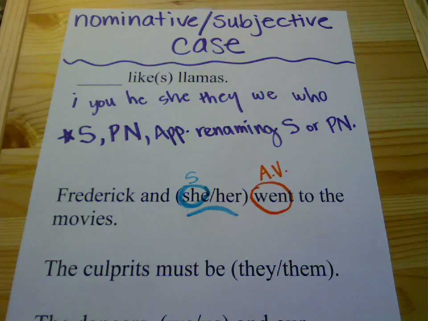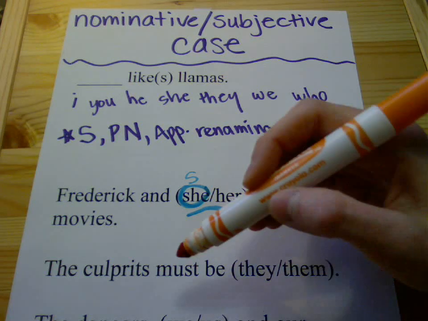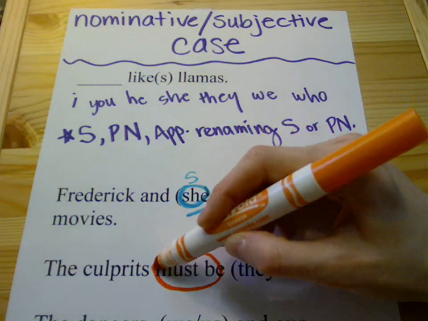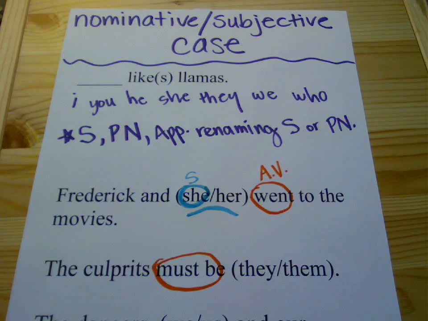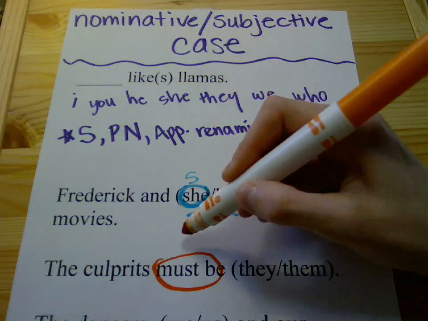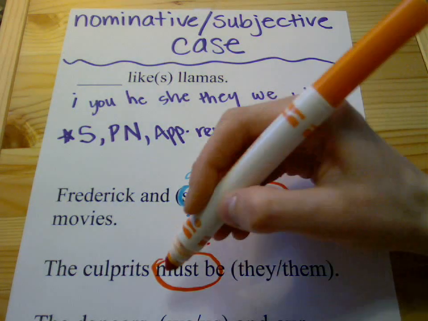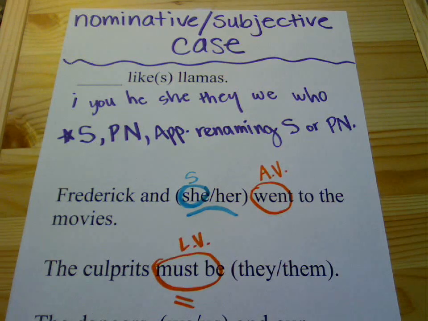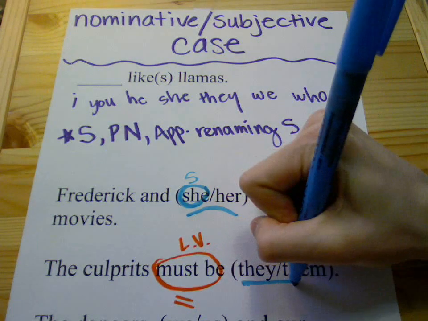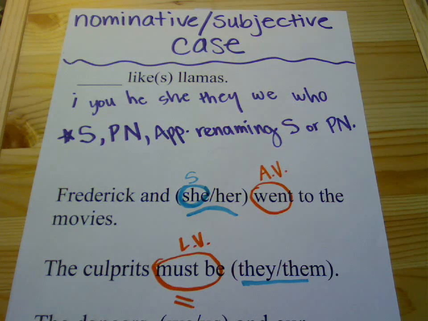The culprits must be they or them. All right, so our verb here, with some helpers, is must be. Action or linking? Well, linking here. The culprits equal they or them. Okay, so now let's figure out what noun function this is. The culprits equal they or them.